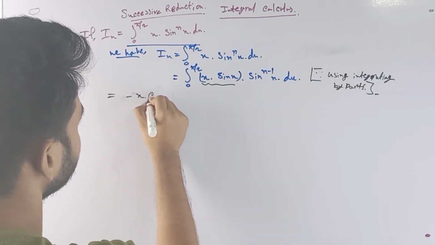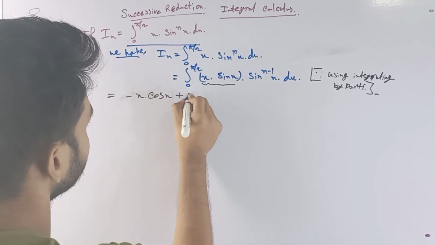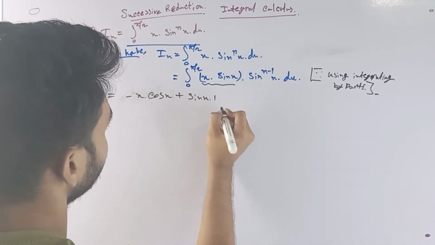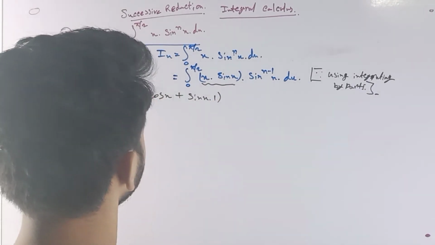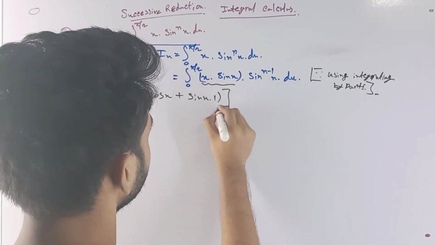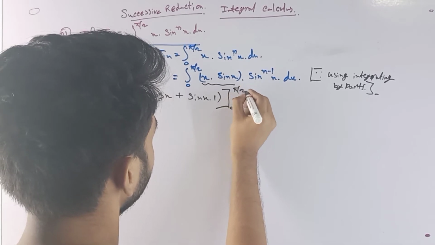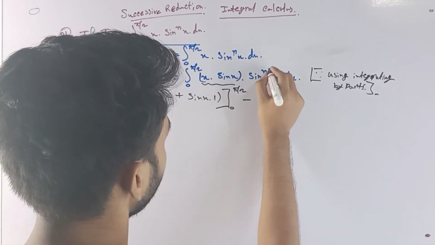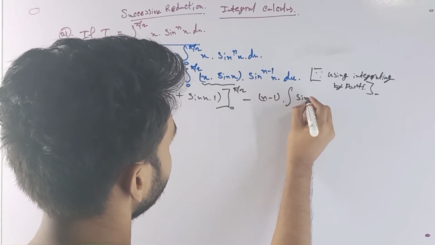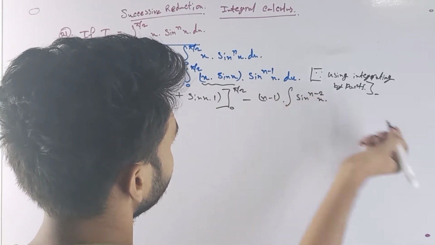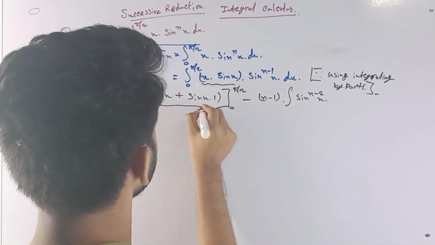Minus x times sin x, whose derivative is cos x, plus sin x times 1, with the limit from 0 to pi by 2, and minus this function: (n-1) times the integral of sin^(n-2) x.